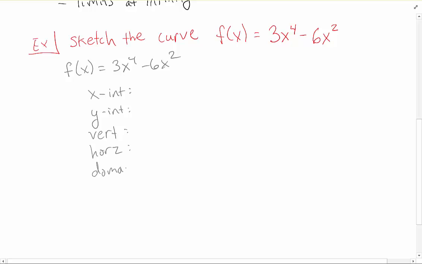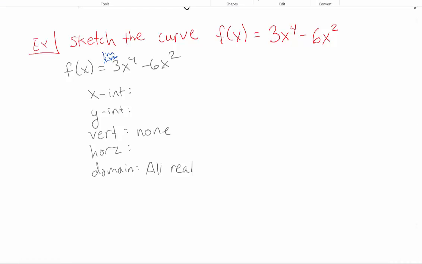In this case, the domain is all real numbers because it doesn't have a square root or anything. Similarly, there won't be any vertical asymptotes. Horizontal, when we take this limit as x approaches infinity, it's equal to infinity, so there are no horizontal asymptotes.